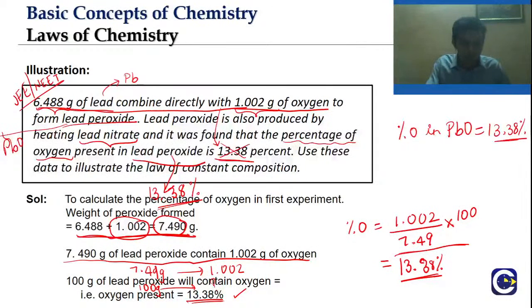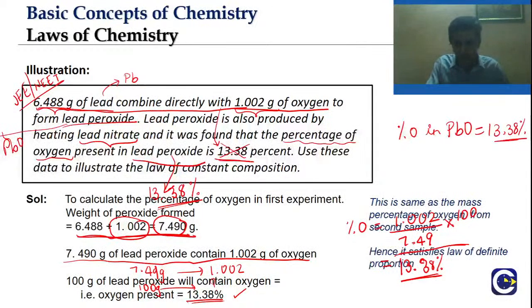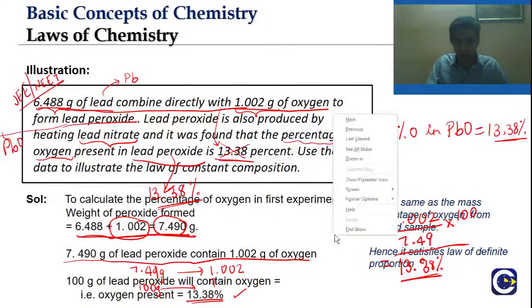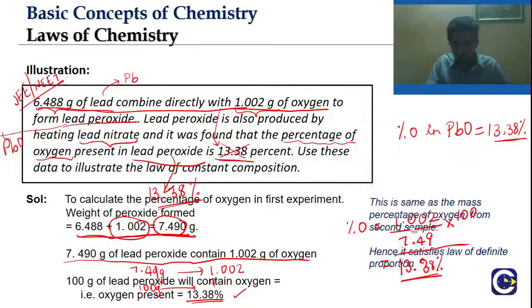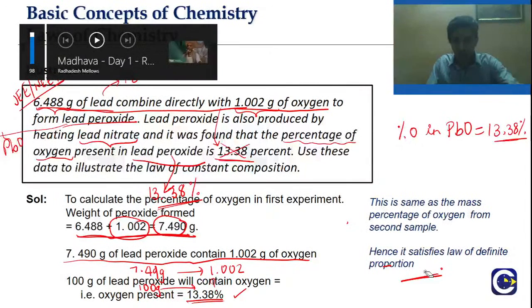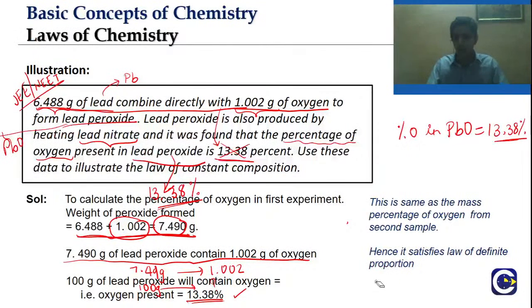Clear? Going ahead. The conclusion is that this is the same as the mass percent of oxygen from the second sample. Hence it satisfies the law of definite proportion or law of constant composition.